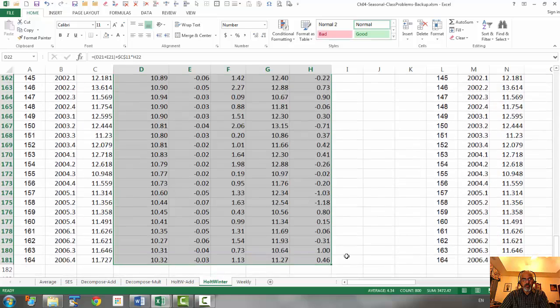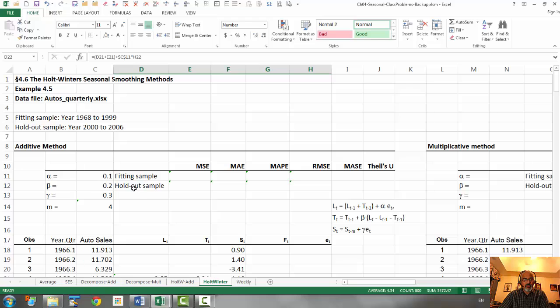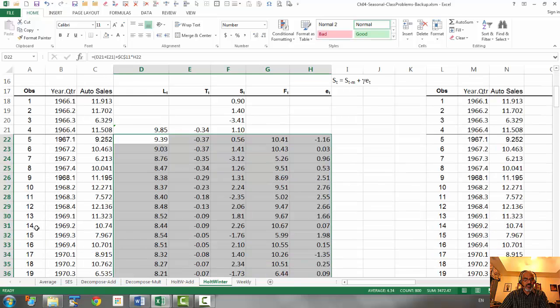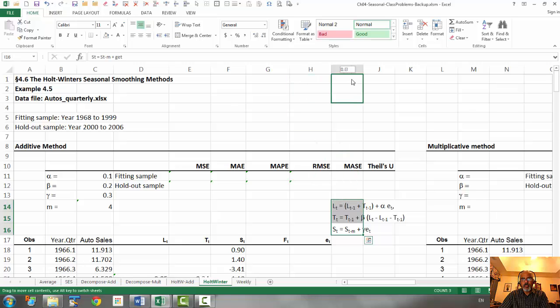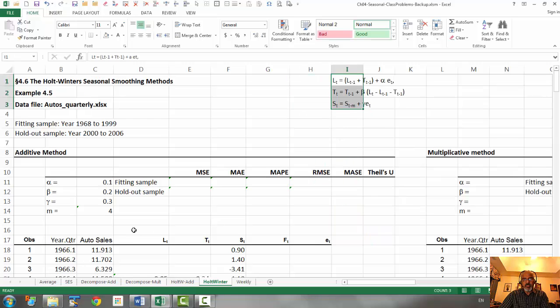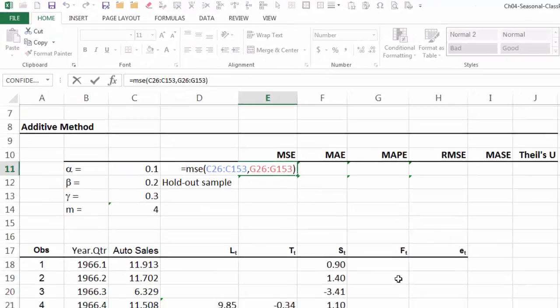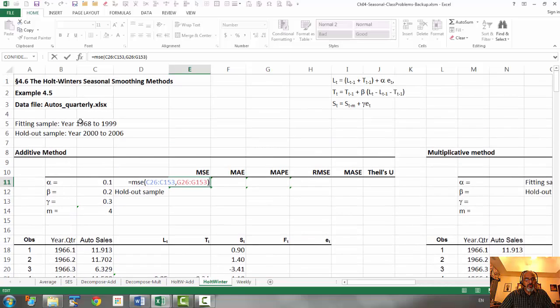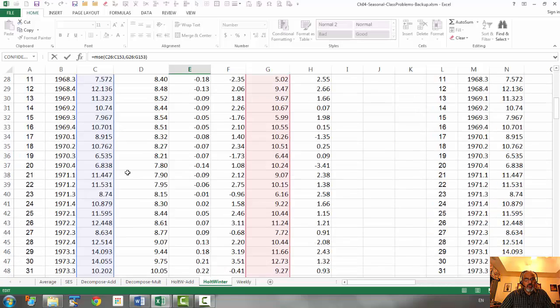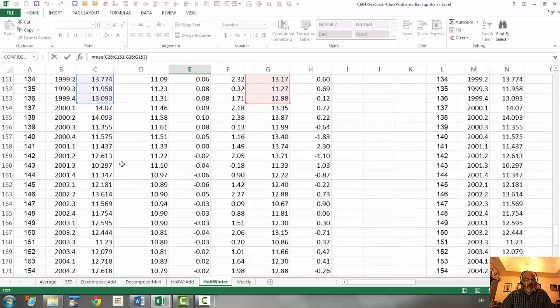Remember here our fitting sample is from 1968 through 1999. The holdout sample is 2000 to 2006. Let's move this formula out of the way. Now let's set up the error measures, starting from MSE. Here the actual values start from the first quarter of 1968 going all the way through the last quarter of 1999.